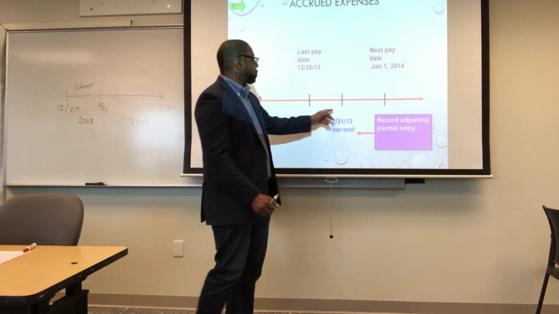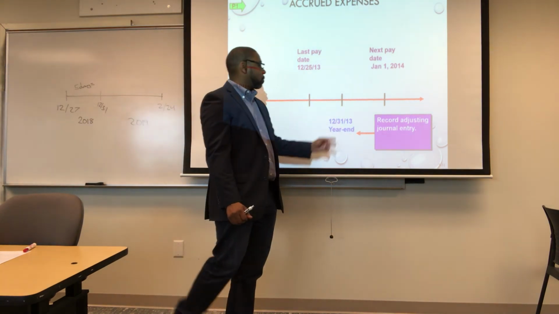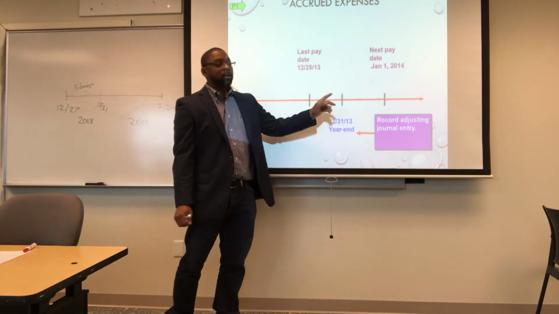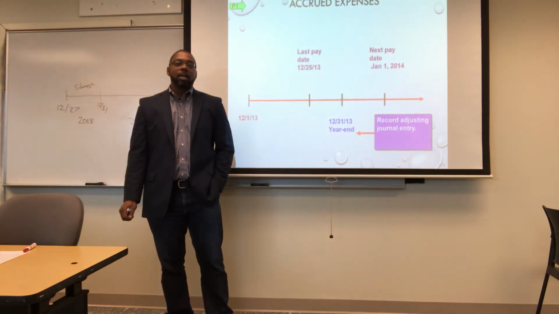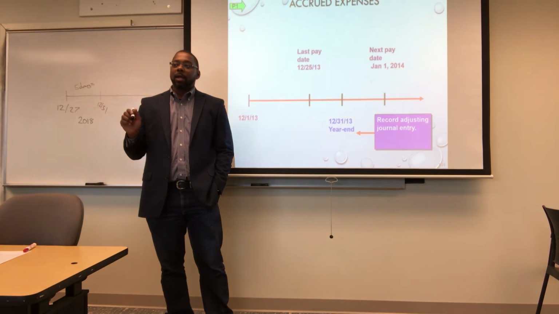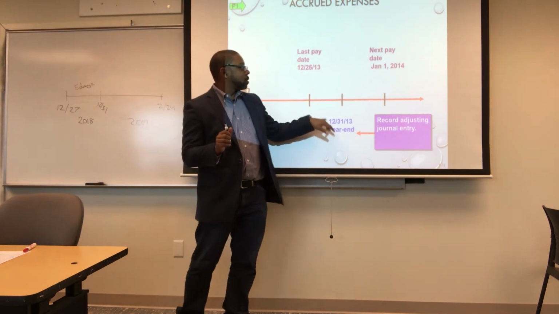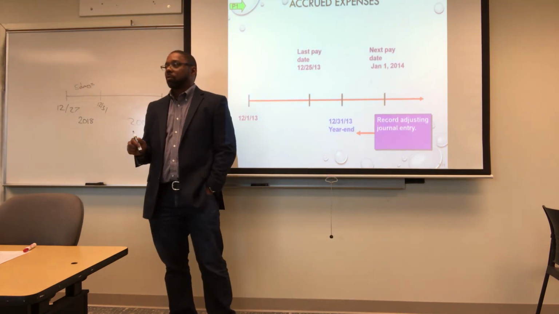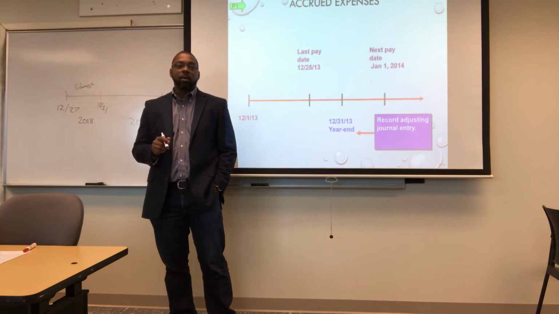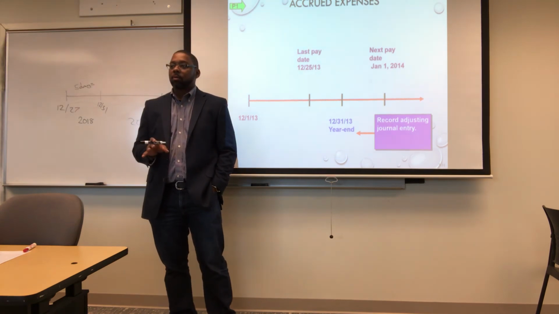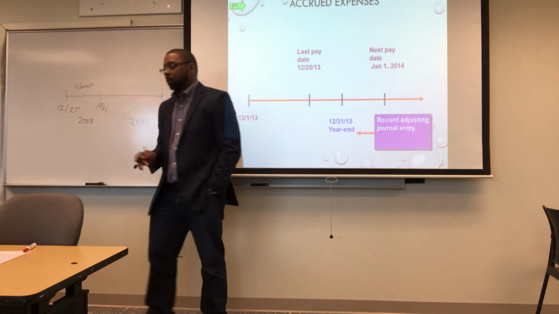But in between this pay date, these 5 days, between December 25th and December 31st, need to be put in the 2013 expenses on the books for 2013. That makes sense? Because they worked in 2013, they need to be expensed in 2013.